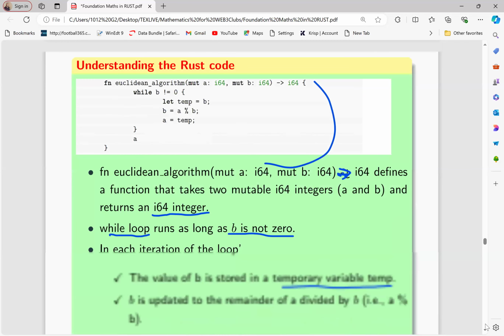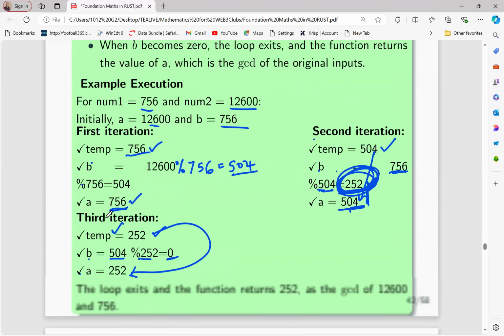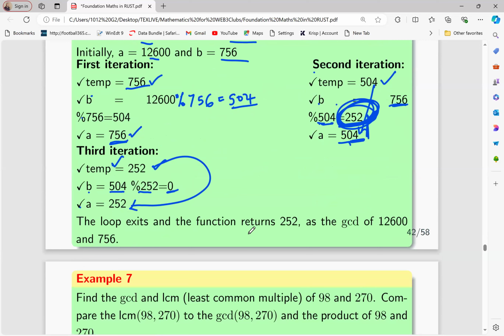That is what we have seen in our example. So the loop exits and returns 252 as the GCD of these two numbers.